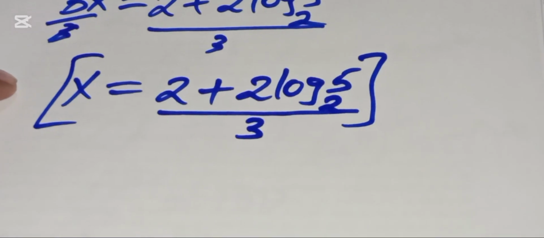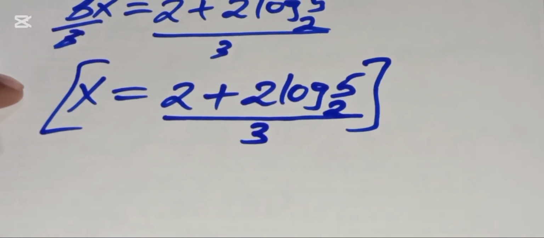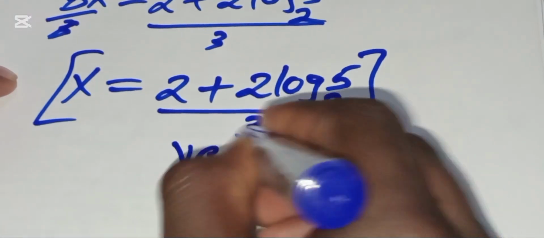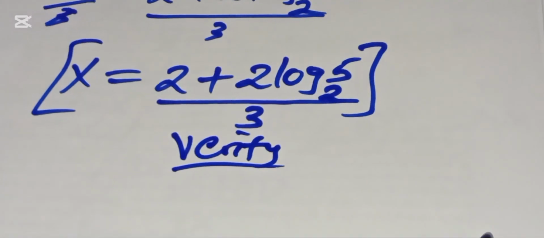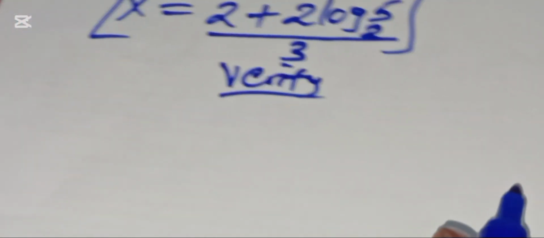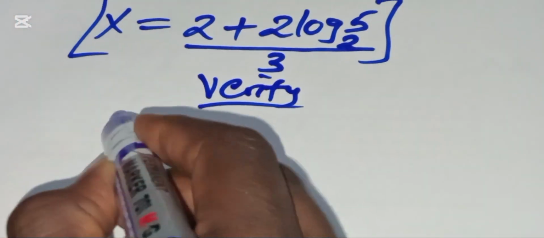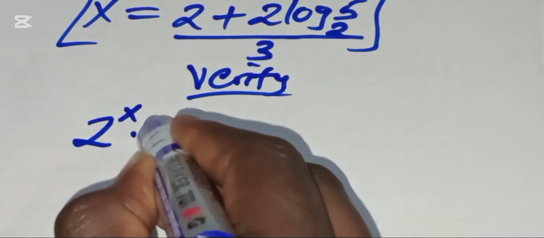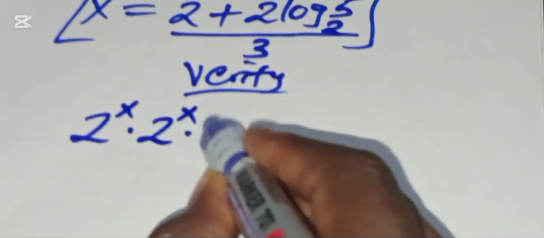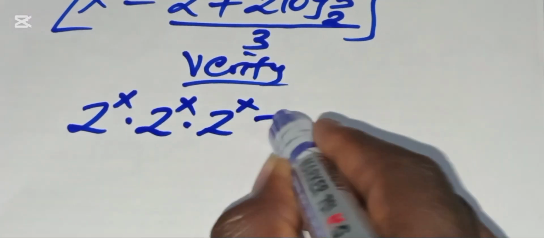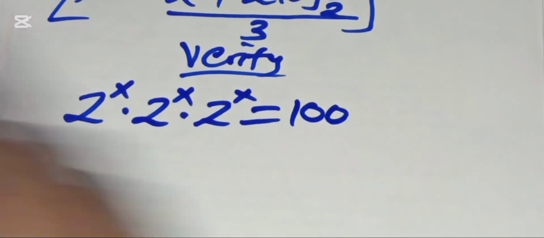Let's verify that this value of x actually satisfies the equation. If you recall, we had 2 raised to power x multiplying by 2 raised to power x multiplying by 2 raised to power x, which is equal to 100.